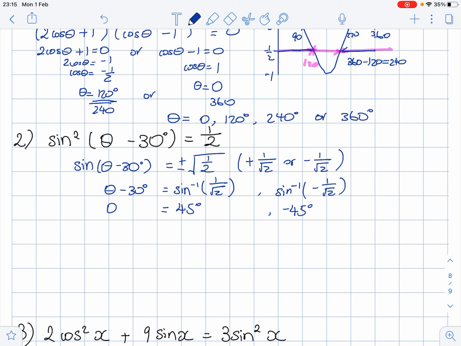So let's sketch our sine curve to have a look. So this is when theta minus 30 degrees. So let's do a sketch of our sine curve.